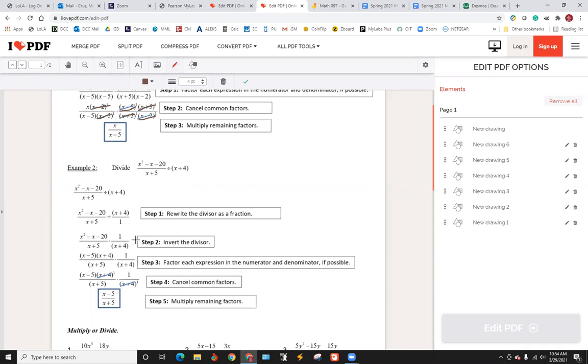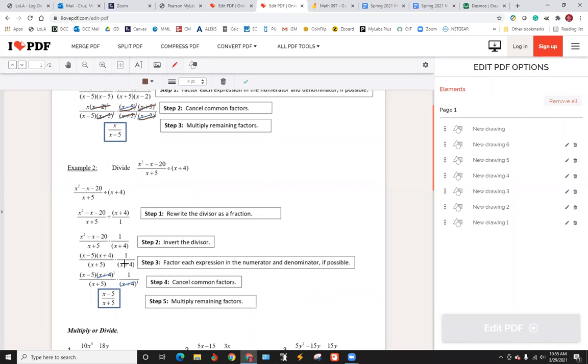But before we divide, we have to take the reciprocal, because there is no division in mathematics, to be honest. Division is defined as multiplication by the reciprocal. So now it's no longer division, it becomes multiplication, and then 1 over x plus 4.